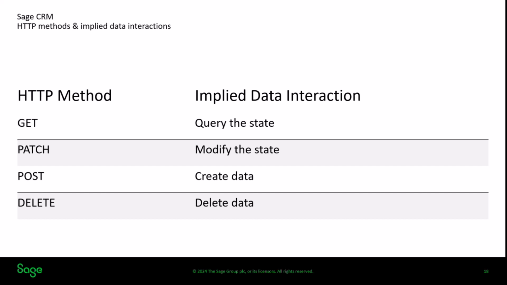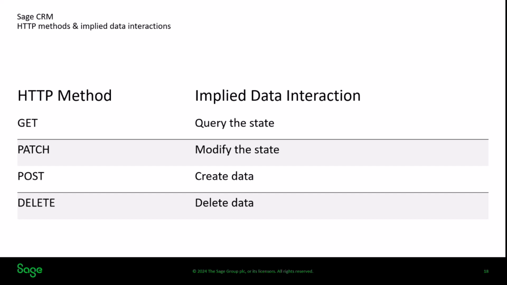The Sage CRM REST API uses POST for a very particular purpose, which is to create data or insert data into the system. But if you're looking at existing data and you're modifying it, then we use the verb PATCH as the differentiator there.